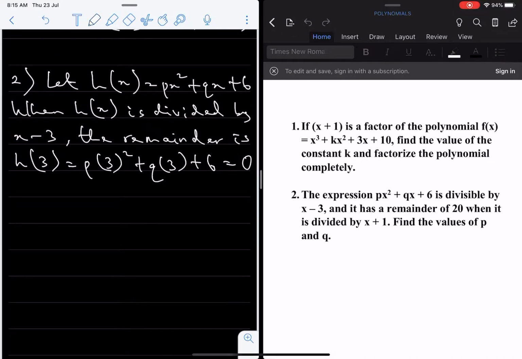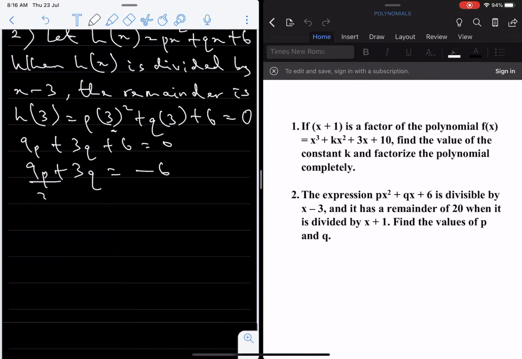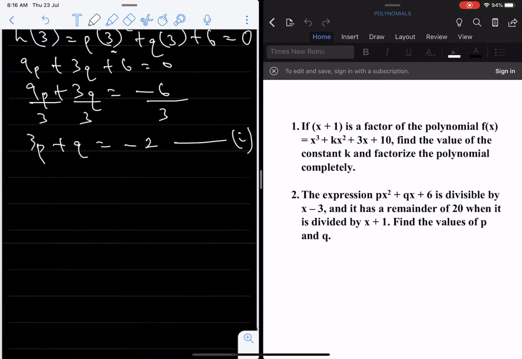That simply means 3 squared is 9. 9 times p, 9p. 3 times q is 3q plus 6 equals 0. And that means 9p plus 3q equals minus 6. We can divide through by 3, and that makes it 3p plus q equals minus 2. That's equation 1.